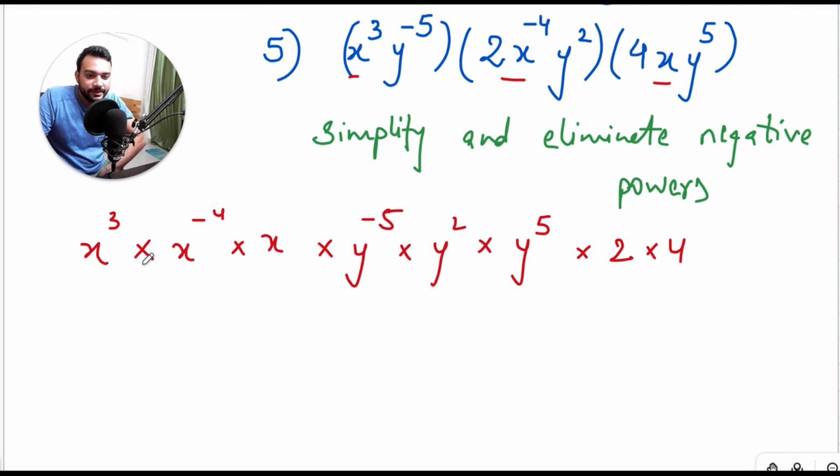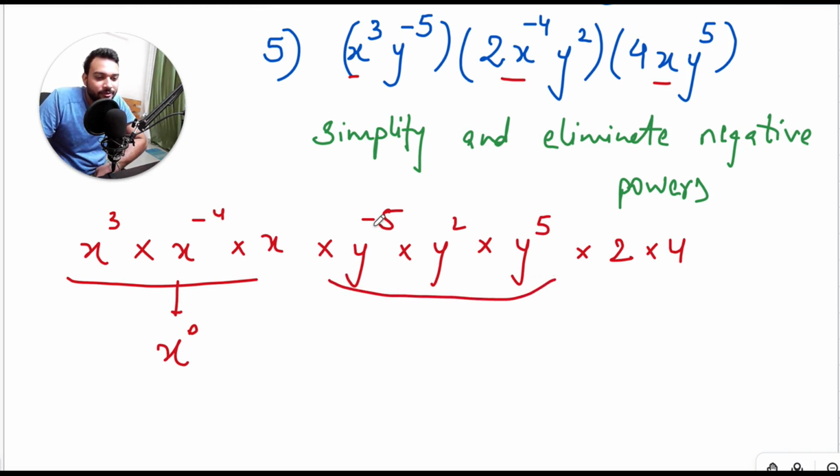Okay, so now operating these together, the three x's: x raised power 3 minus 4 is negative 1, plus 1 is 0, so x raised power 0, times y raised power negative 5 times y squared, which is y raised power negative 3, times y raised power 5.